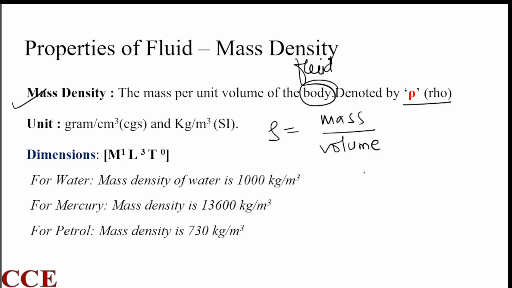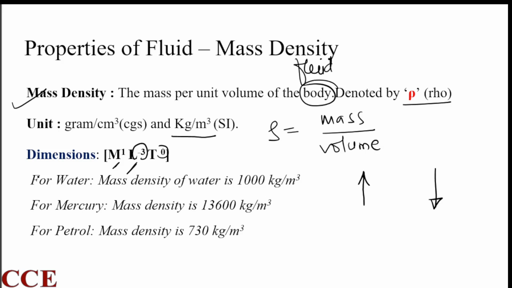The more the mass density, the more closely packed the fluid molecules will be, and the lesser the mass density, the less densely packed the fluid molecules will be. The unit is gram per centimeter cube or kilogram per meter cube. So the dimensioning will be M to the power 1, L to the power minus 3, and T to the power 0.